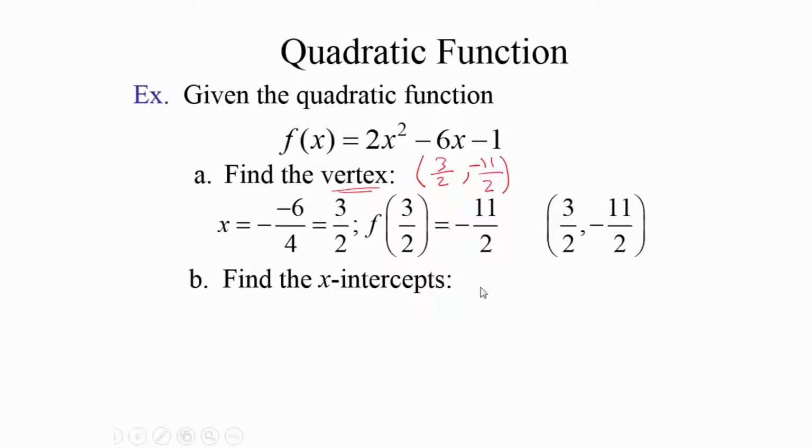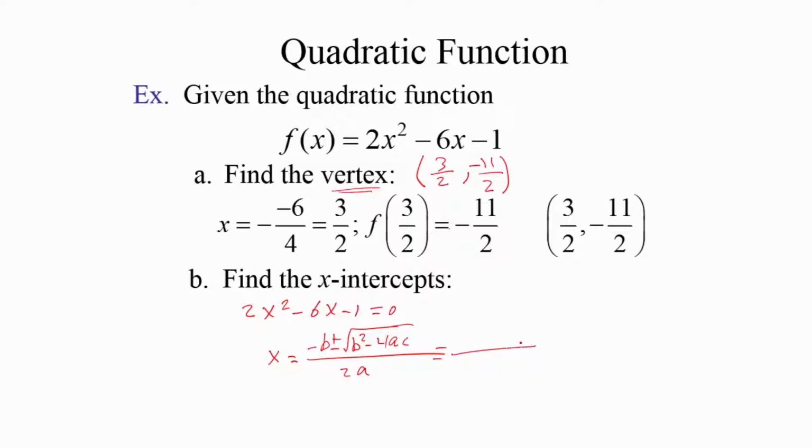Find the intercept. For the intercept, you set this equal to 0. So 2x squared minus 6x minus 1 equal to 0. You can find it using the formula x equal to minus b plus or minus square root of b squared minus 4ac divided by 2a.